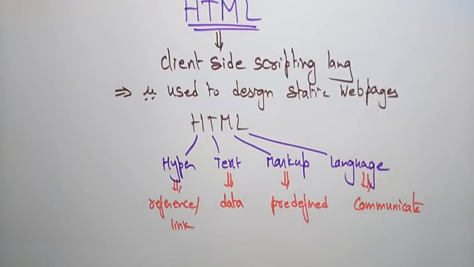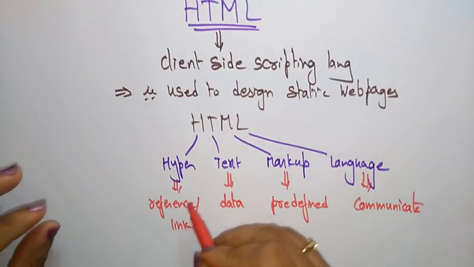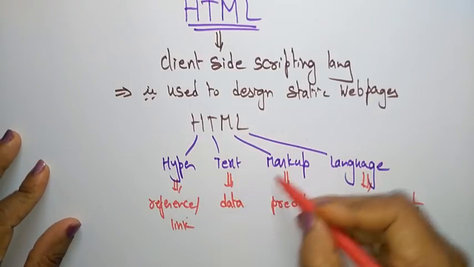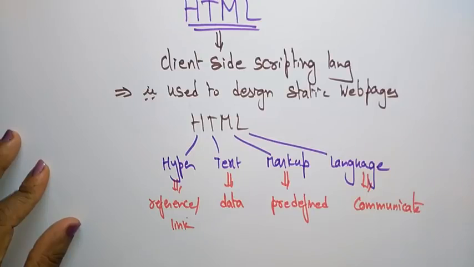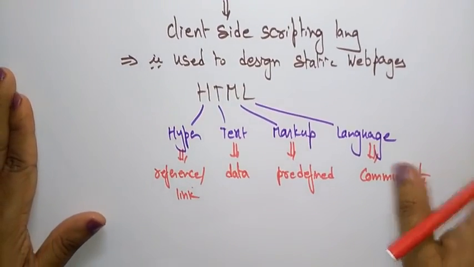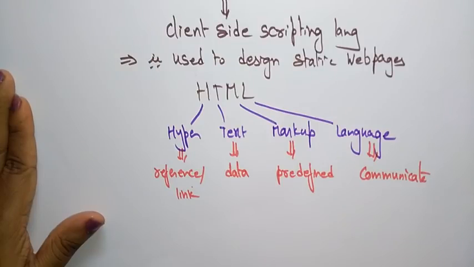Whenever you are asked what is HTML, say HTML is a hypertext markup language, and explain what each term refers to. Hyper means reference link, text is data, markup is predefined, and language is communication.